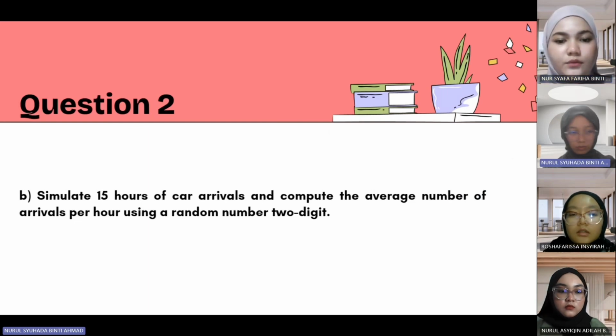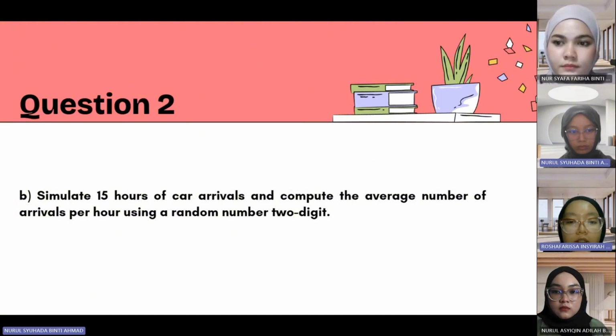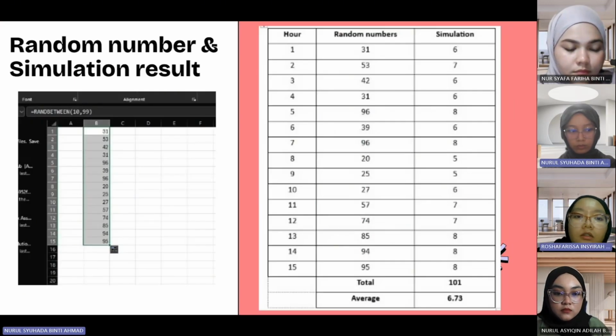Thank you. So for the next question, question 2, we simulate 15 hours of car arrivals and compute the average number of arrivals per hour using a random number of 3 digits. The random numbers we generate from Excel.